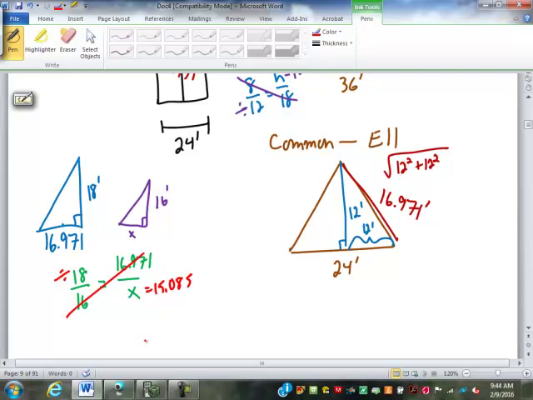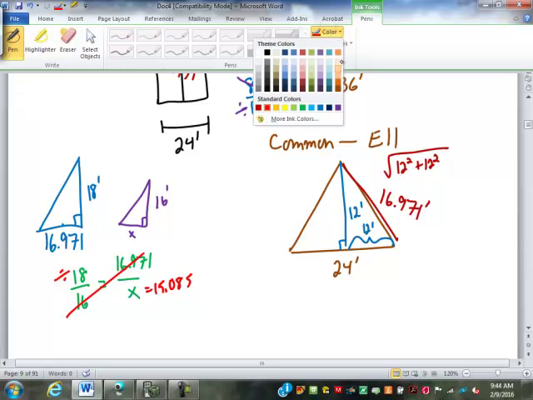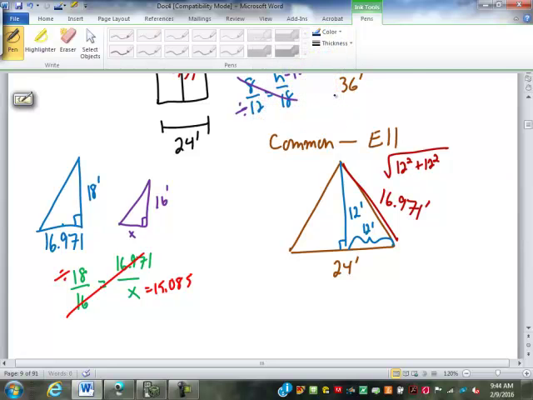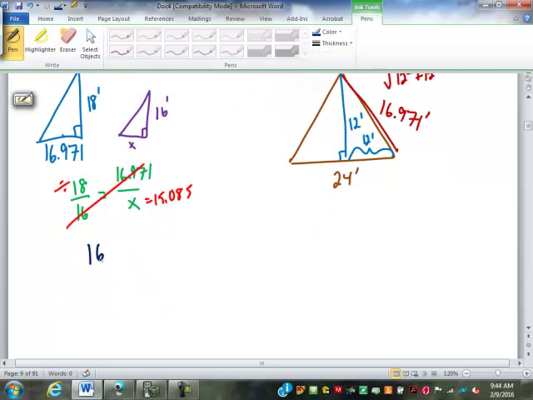Correct? That's our next longest, so now it is simply going to be 16.971 minus 15.085. 1.894 feet is our difference. Correct?